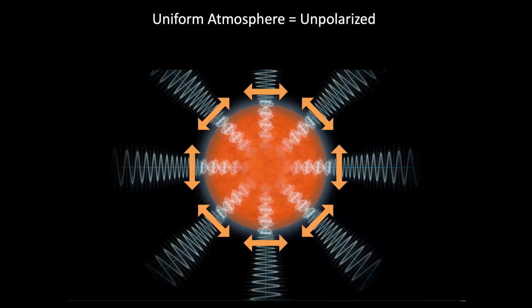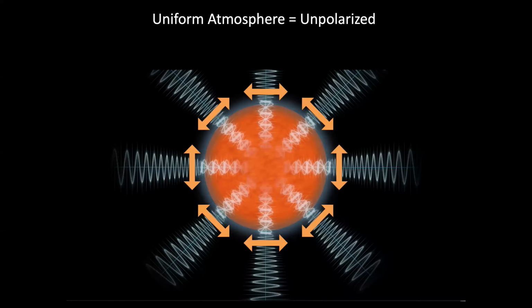Now, in the case of a completely uniform atmosphere, we actually get equal amounts of all the different linear polarization states. And so as we observe this object as an unresolved source, which is the case for all of our planets and brown dwarfs, all of this light, essentially, the polarization works to cancel itself out, even though this polarization is occurring within the atmosphere.